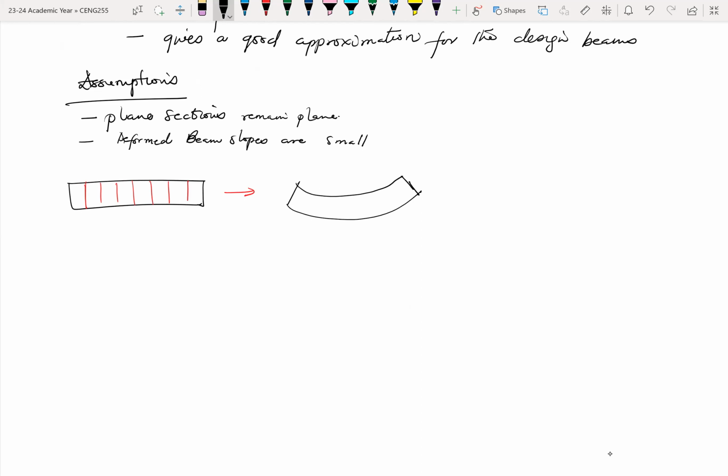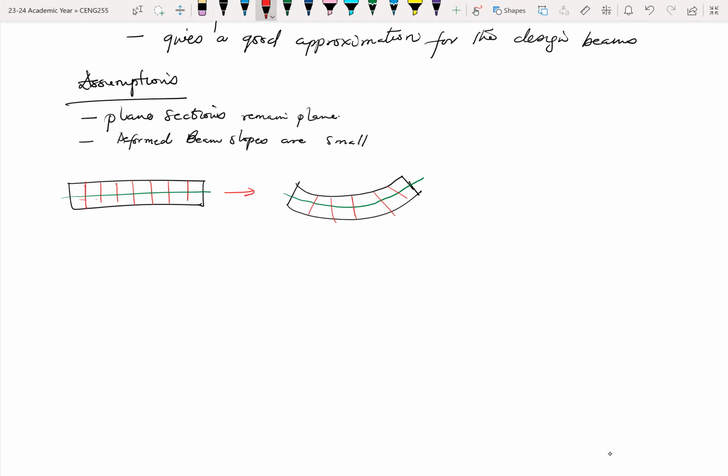When a beam deforms, there's a certain part of the beam which we call the neutral axis, where there's no change during deformation. Let's say this same neutral axis is somewhere here. These red lines are still going to be there. They also deform along with the way the beam is.